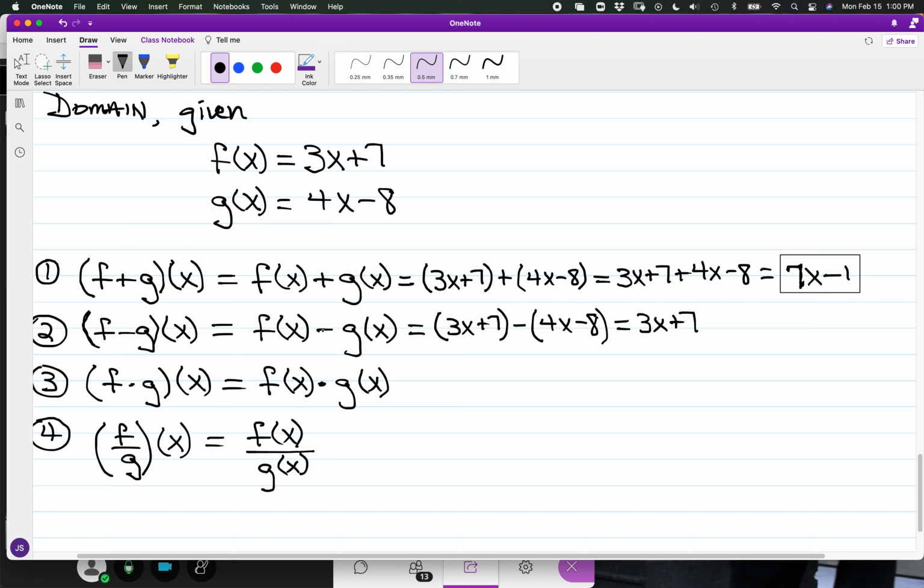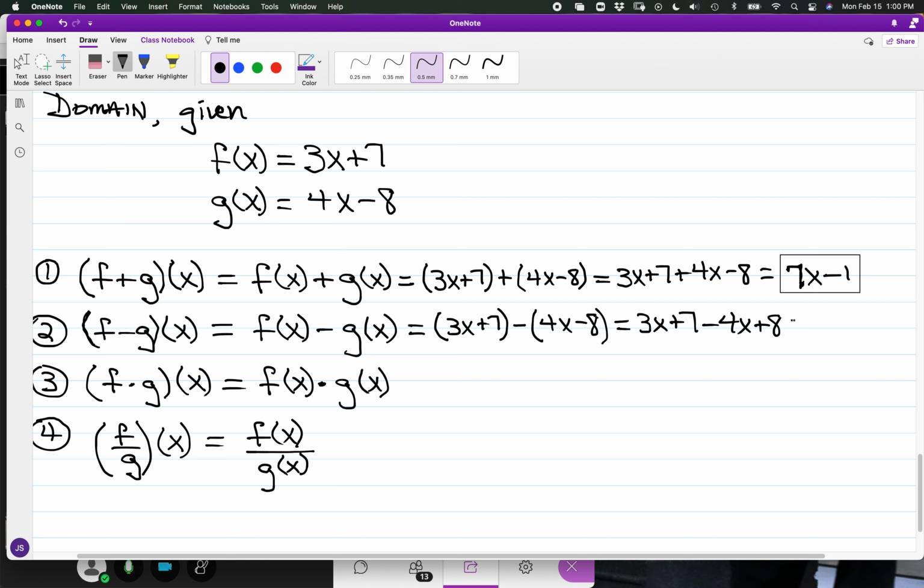Now that we have subtraction in the middle, upon removal of the parentheses, you have 3x plus 7. Now for 4x minus 8, those terms will be affected by the subtraction in front of g of x, so 4x becomes negative, and what was the subtraction of 8 translates to addition.